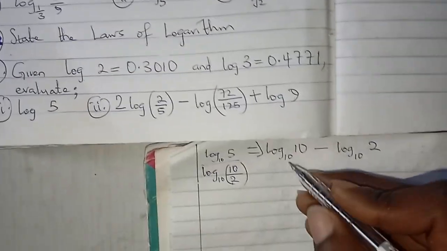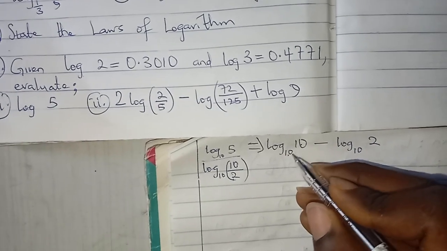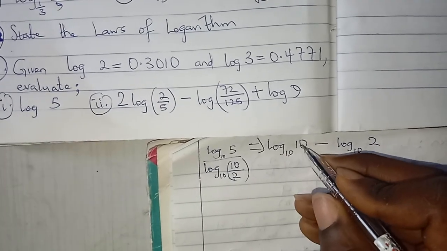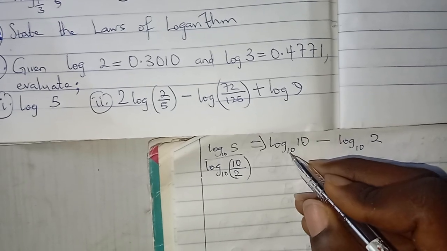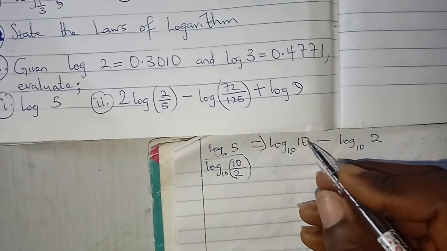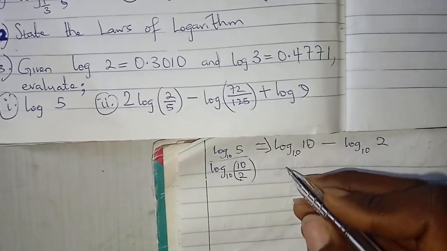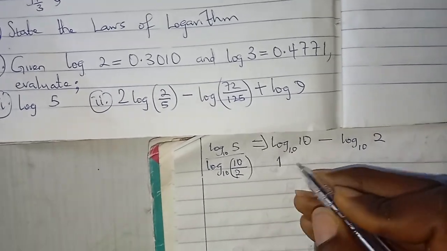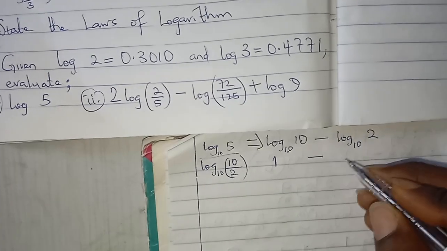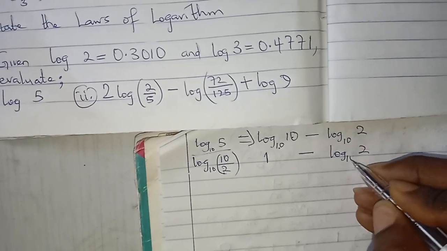And I know that log of a number to the same base will give me 1. So I will now do 1 minus log 2 to base 10.